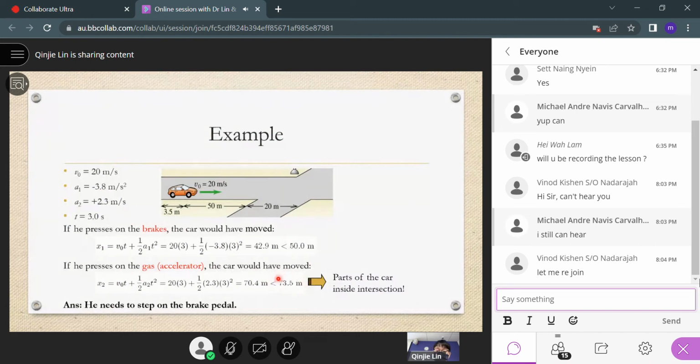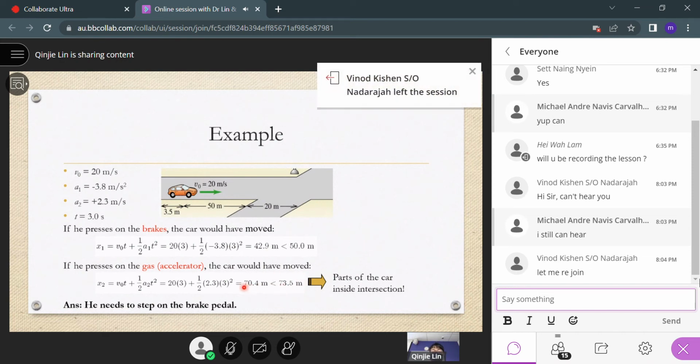So why down here, in this solution, they put smaller than 73.5? Because we are comparing to 73.5. Why? Because the intersection is 70 meters, right? But just now we used the front of the car as reference. But the car itself has a length of 3.5 meters or so. So we need to compare to the whole thing.